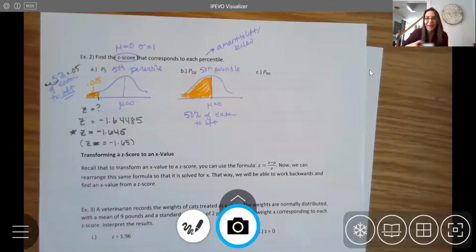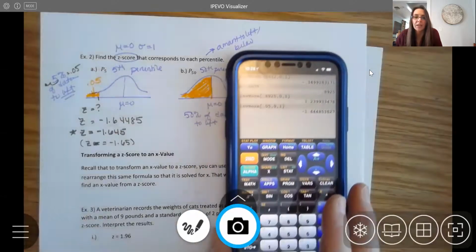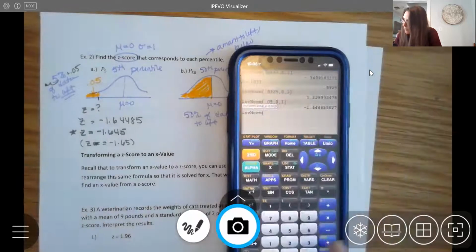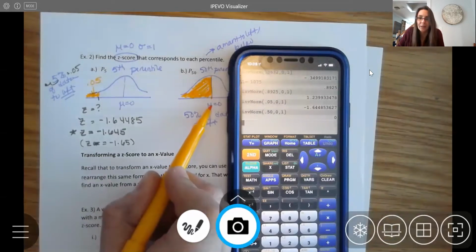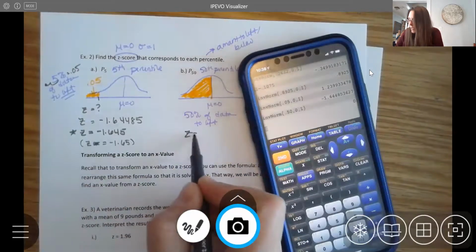So you may know this answer already, right? It's on the chart, but let's say you forget and you're not sure. I'm going to just use technology for this one. So I can do second vars, inverse norm. My area is 0.50 or 0.5. My mean is 0 and my standard deviation is 1. And you see you get the answer 0 here, which makes sense because I can see that the value is 0 right there on my chart already, right? That center is always at z equals 0. So our answer here is z equals 0.